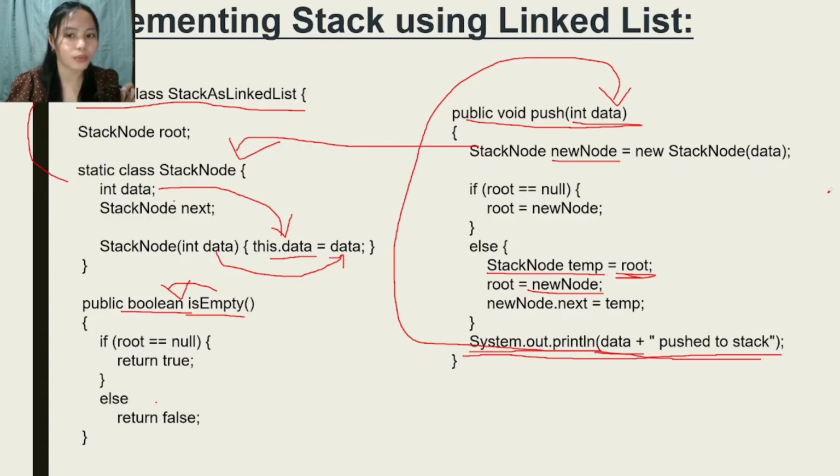For example, if our argument is 1, it will print 1 pushed to stack. That will be printed on the console. So that would be all for the push method.